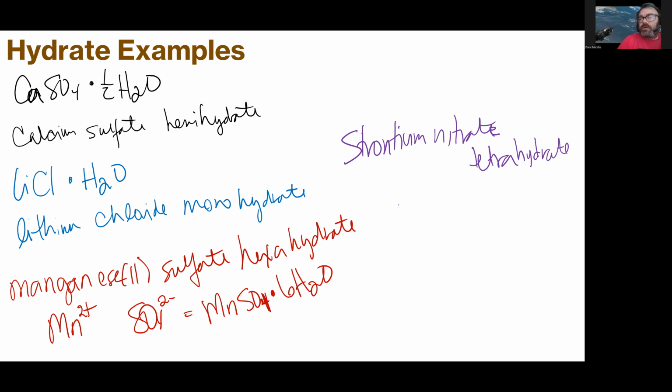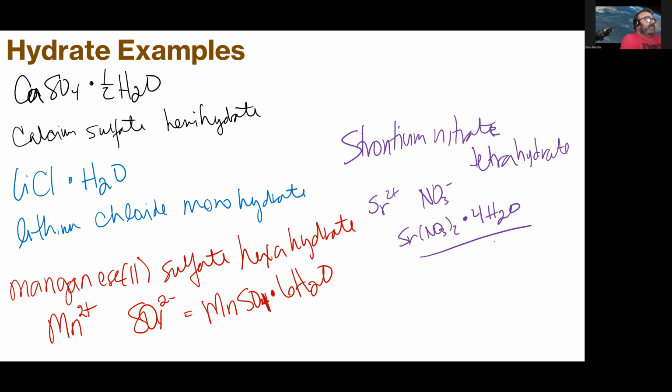Strontium, you could remember that strontium is in group 2, which is always 2 plus, or that nitrate is NO3 minus. Okay, that all works out. Now, because we have a 2 and a 1, we can have Sr(NO3)2 tetrahydrate. Do we know what tetra means? Okay, right. Tetra's 4. Hydrate. Okay. Not too terrible.